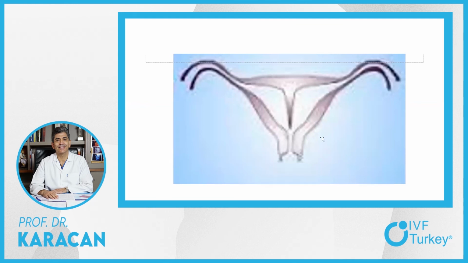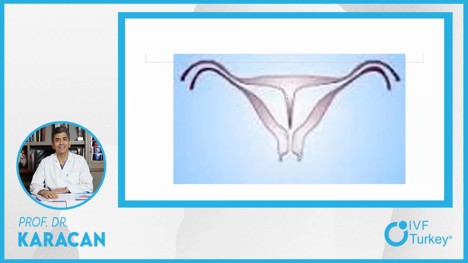This is the uterine septum. In case of implantation of the embryo on this area, the pregnancy will fail because there is no place on this area to feed the embryo. That's the reason if you find out there is a septum inside the cavity, it should be removed, it should be cut, and the cavity should be corrected.